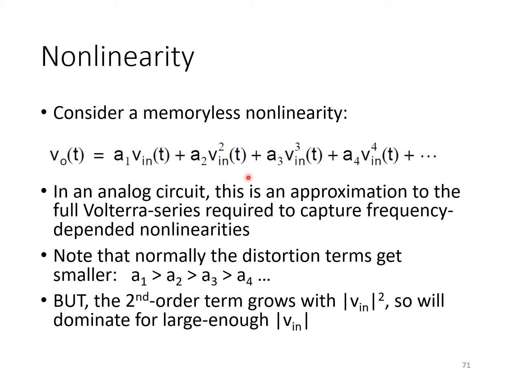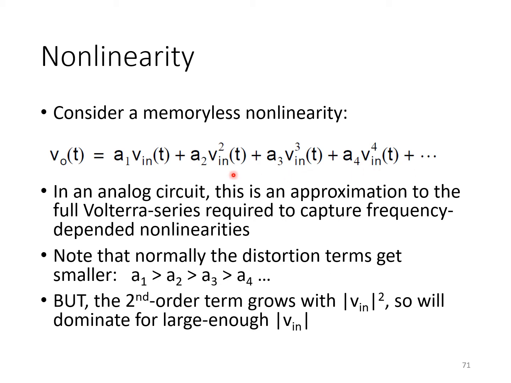There are some exceptions that we'll discuss soon where we see that even order distortion terms can be smaller than odd order distortion terms, but generally the trend is towards smaller and smaller distortion terms as we go to higher and higher order terms in Vin.